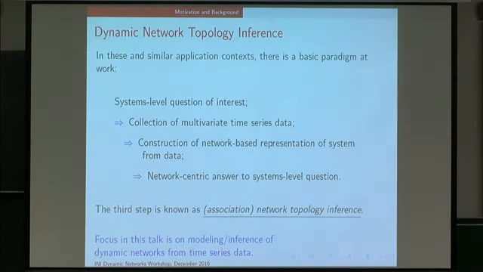So what I'm going to talk to you about is a framework for dynamic network topology inference. I would say this fits in a very general paradigm. People have systems-level questions of interest, so they go about collecting multivariate time series data, if time series is a particular modality they can collect. They construct some sort of network-based representation of the system, and then they use network-centric answers to answer the systems-level question.